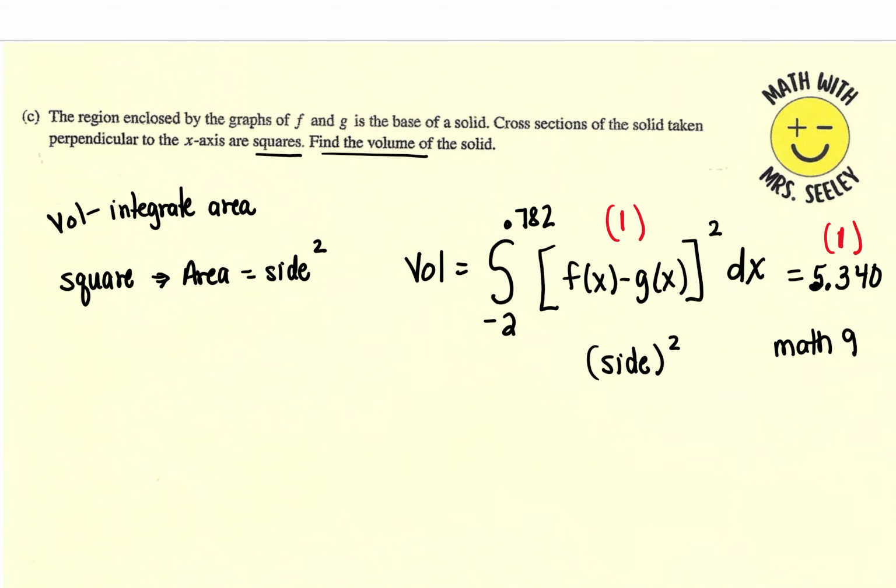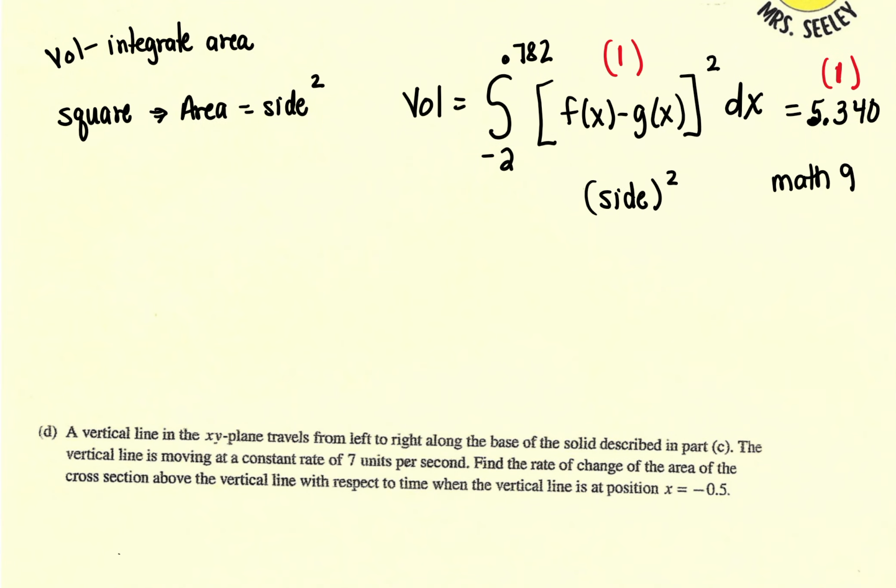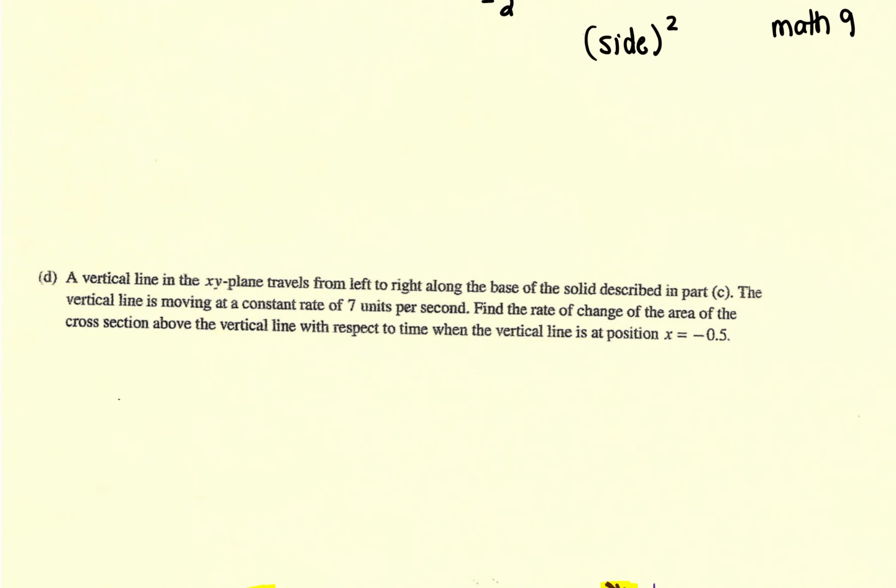All right, let's look at part D. This one may be the trickiest of all of A, B, C, and D. It says a vertical line in the XY plane travels from left to right along the base of that solid, that square solid in part C. The vertical line is moving at a constant rate of 7 units per second.